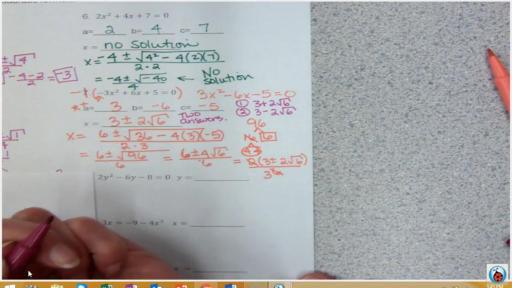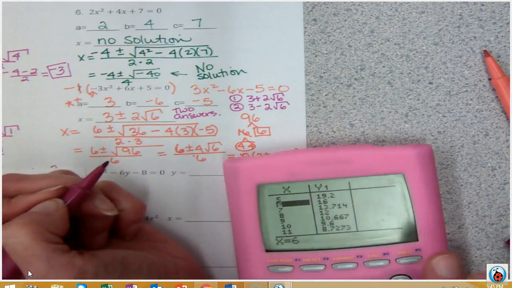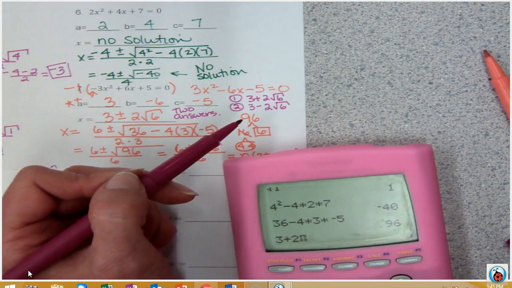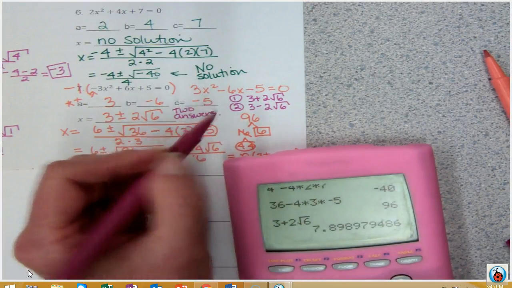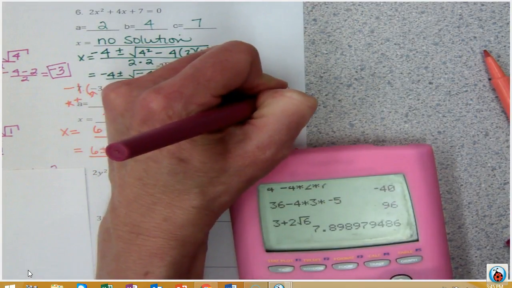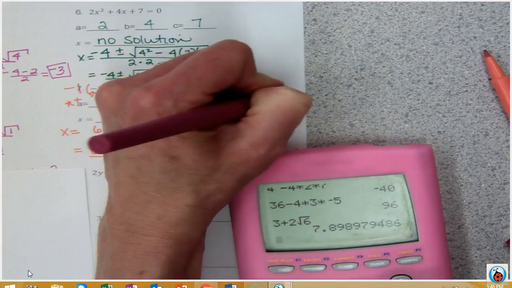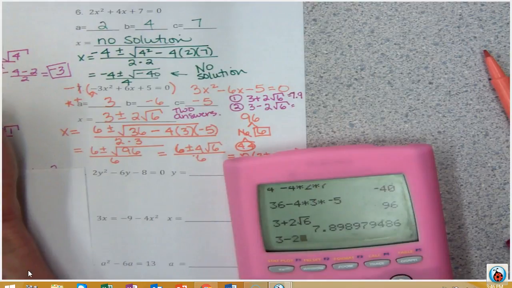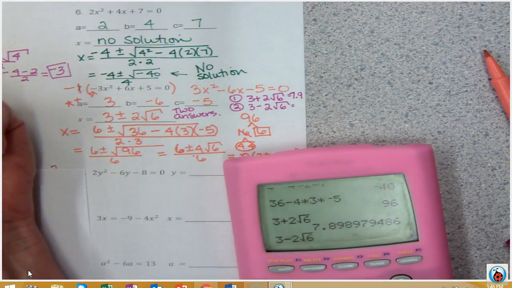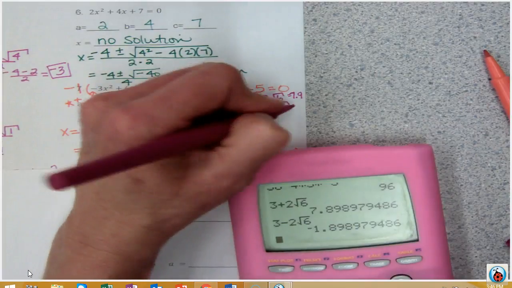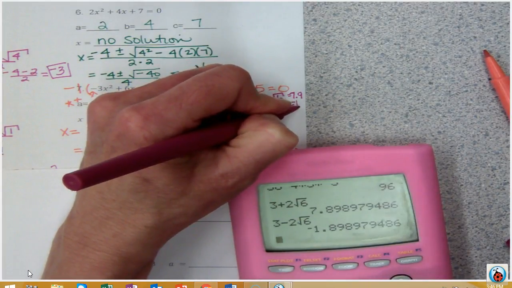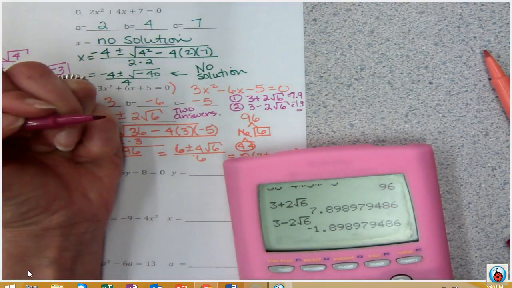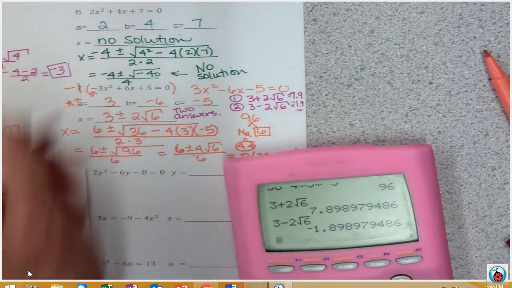If I was going to work that into a decimal form, 3 plus 2 square root of 6 is 7.9. And this 3 minus 2 square root of 6 would be negative 1.9. So those are 2 totally different answers. Make sure you understand that.